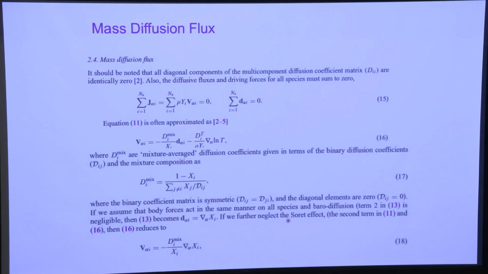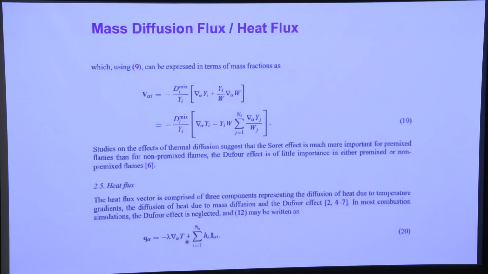We also neglect, as I said, barodiffusion and any body forces. And so if we neglect the Soret effect, then the species diffusion velocity reduces to this much simpler form, which is this mixture diffusion coefficient divided by the species mole fractions times the gradient of the species mole fractions. And so finally, we can express the species diffusion velocities in this form given by this equation 19.